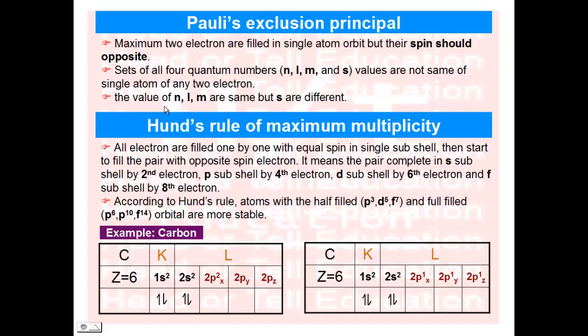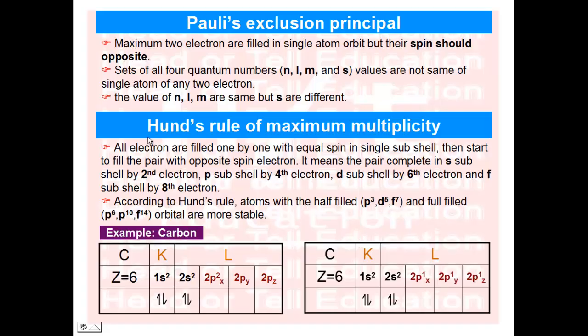The values of n, l, m are the same, but s is different, because s is the spin quantum number here. So every electron is plus half or minus half, like this.